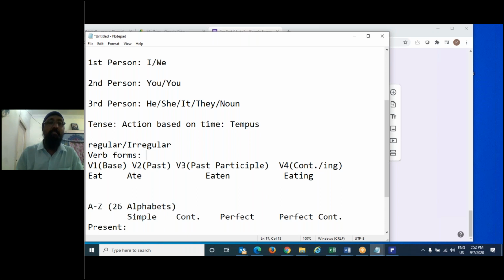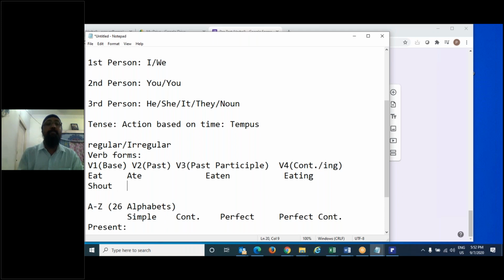Okay, let's talk about the verb shout. Now shout is a base form.